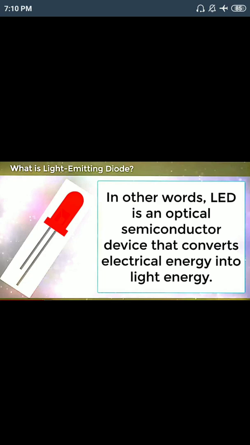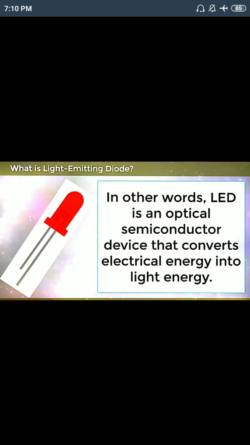So whenever we apply the forward bias voltage, after some voltage the LED starts glowing. That means the electrical energy we supply is converted to light energy, and the LED emits light. That's why we say an LED is an optical semiconductor device, because it is related to light.